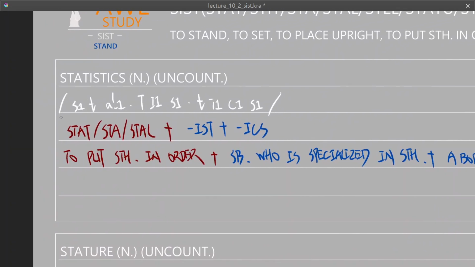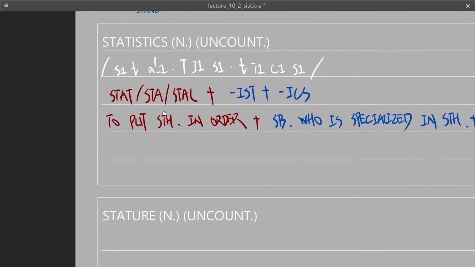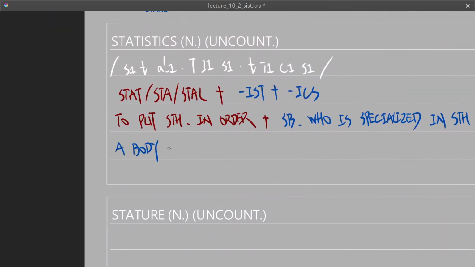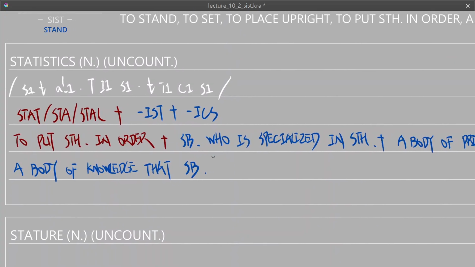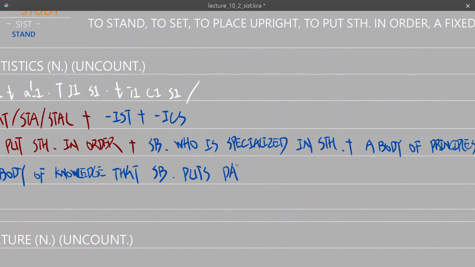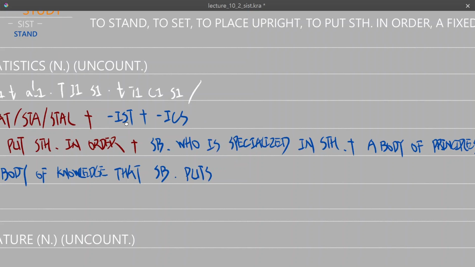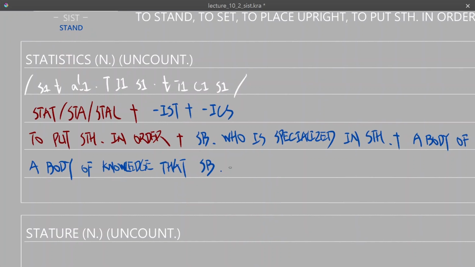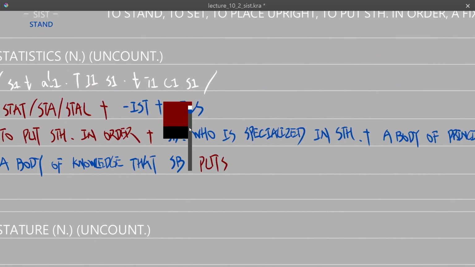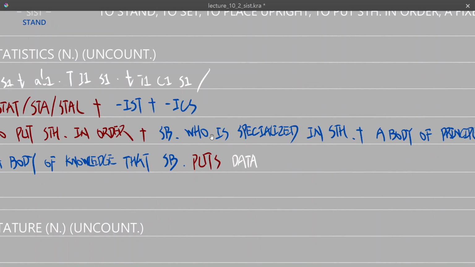So statistics literally means a body of knowledge that somebody puts data in order.